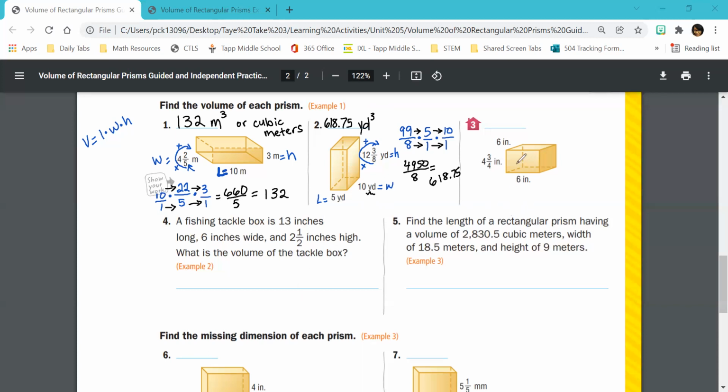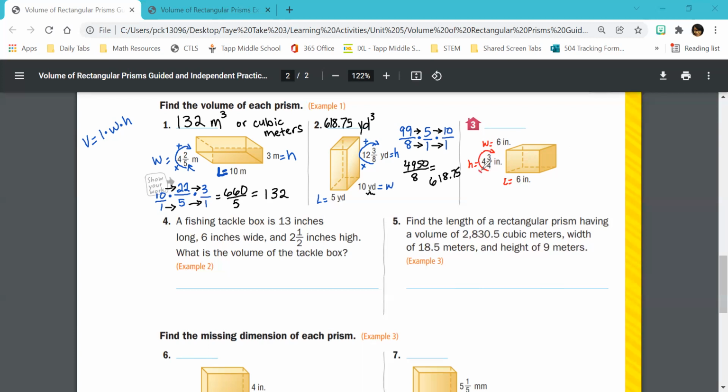All right, let's look at number 3. We have our length and our width and our height. And again, we have another mixed number.